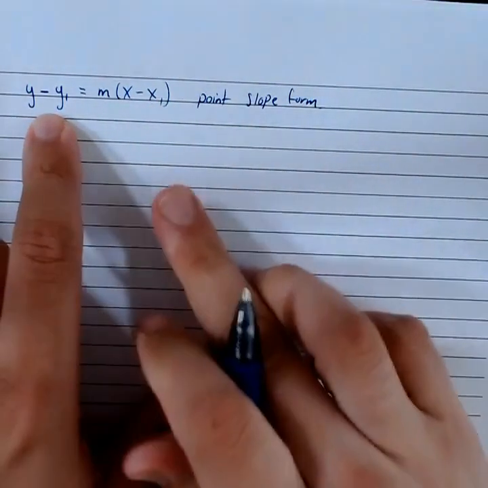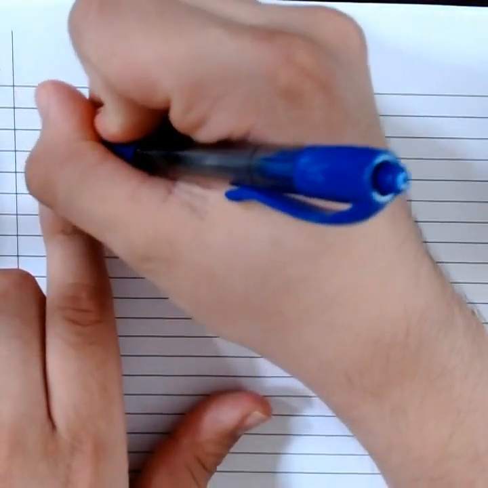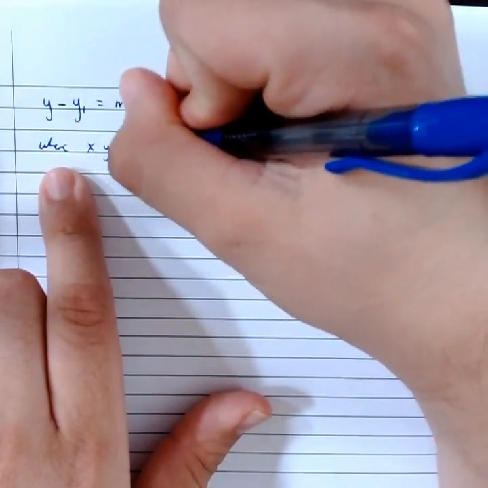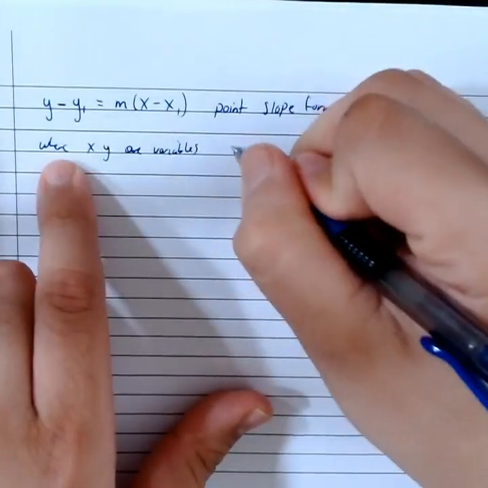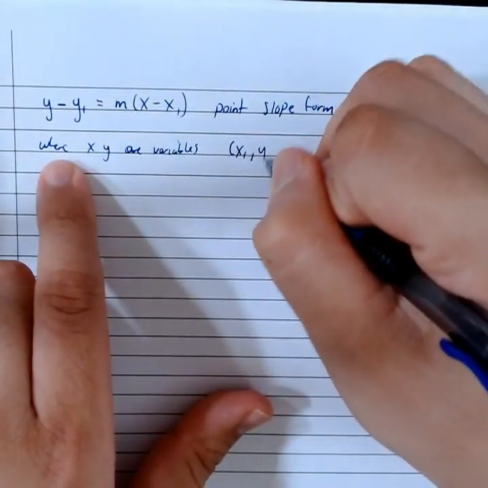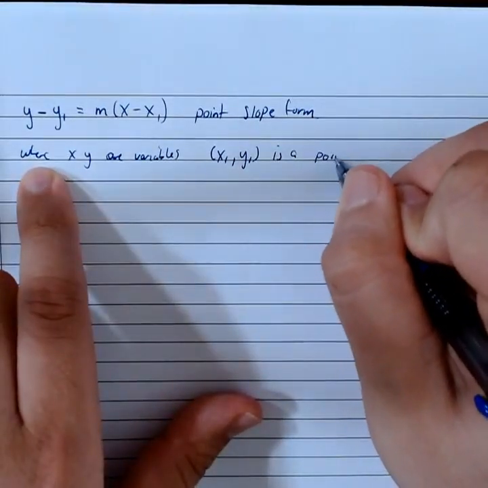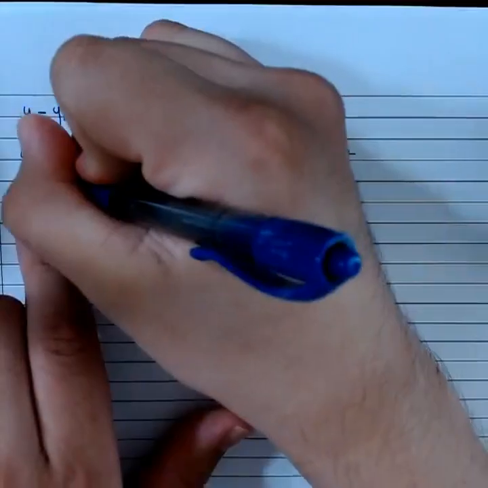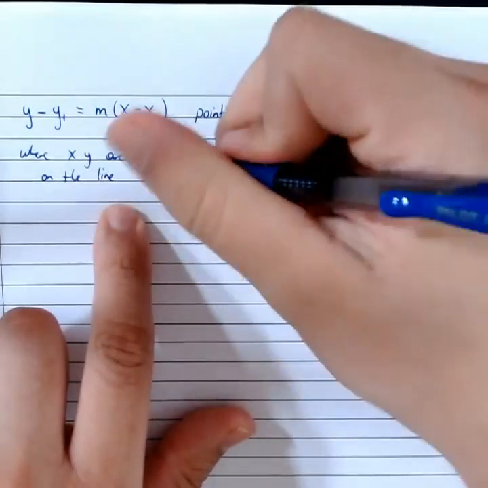This is called the point-slope form. All right. The point-slope form is this, where x and y are variables, (x1, y1) is a point on the line, and m is the slope.